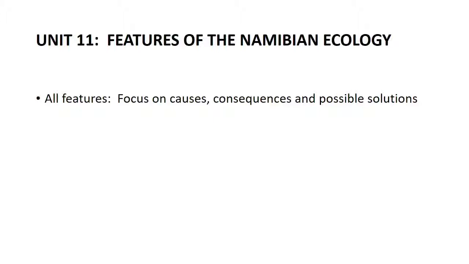Here, students are advised to focus on the following within all these features. The causes of these features. What caused these features? If we say overpopulation, what were the causes of overpopulation in certain areas of our country?